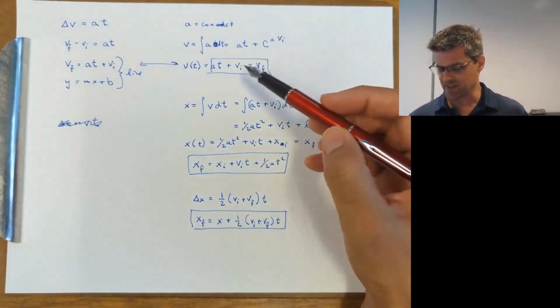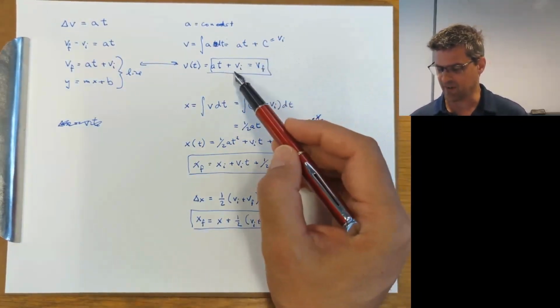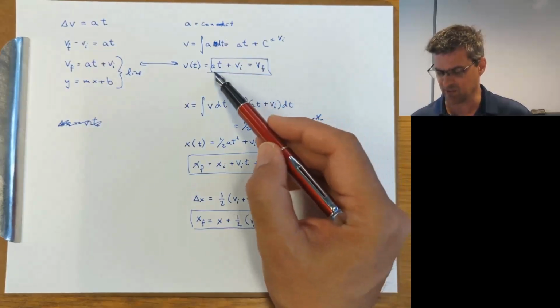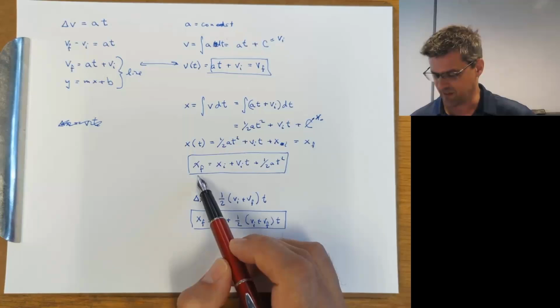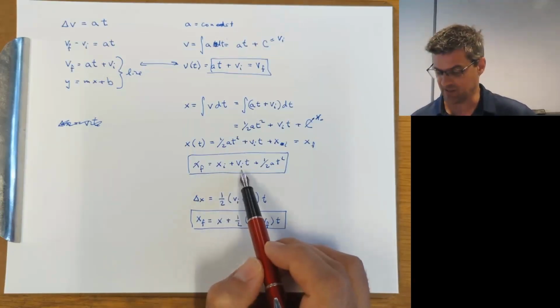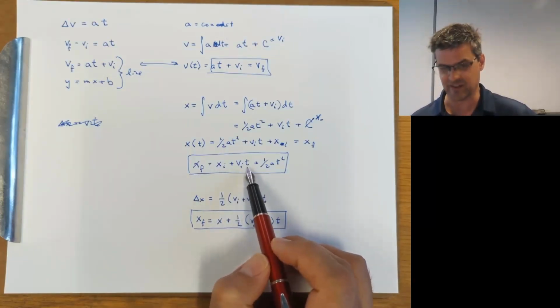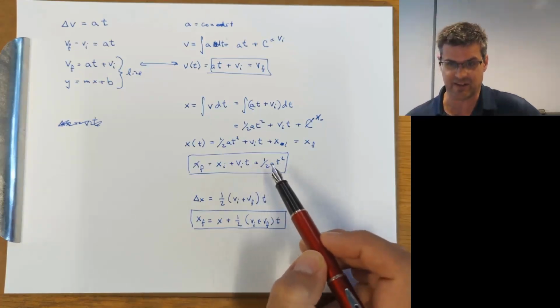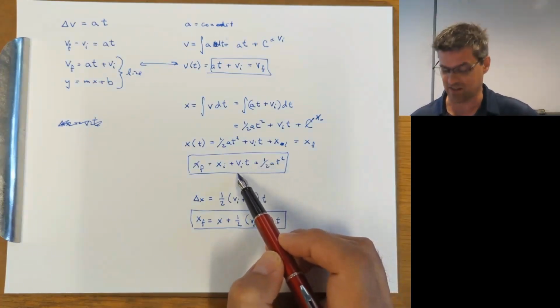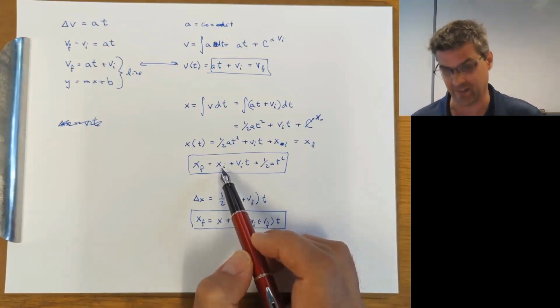So if we have constant acceleration, v final is equal to v initial plus at. If we have constant acceleration, x final is equal to x initial plus v initial times time plus 1/2 a t squared. And a has all the signs that it needs, v has all the signs that it needs, x_i has all the signs that it needs.